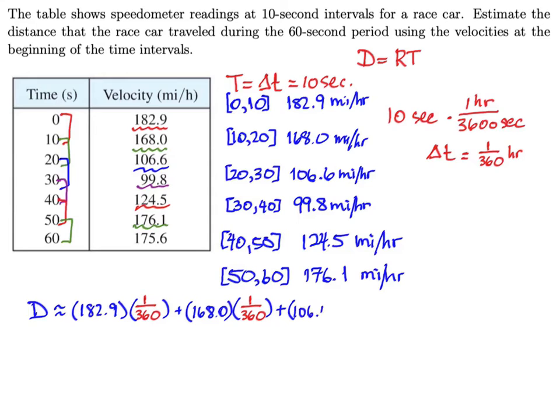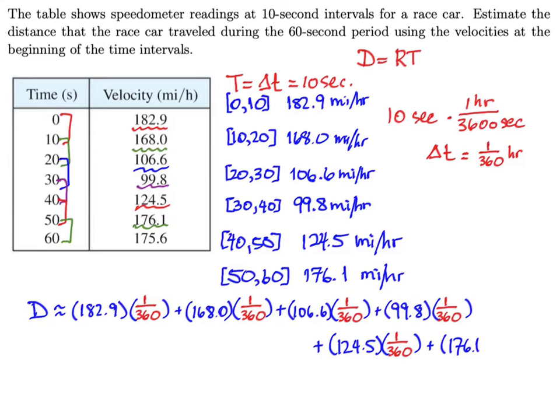The third distance would be 106.6 times 10 seconds, and then 99.8 times 10 seconds, but instead of 10 seconds, of course, I'm using hours, 1 over 360. The fifth time interval is 124.5 times 1 over 360. And then the last time interval, the distance was 176.1 times 1 over 360.